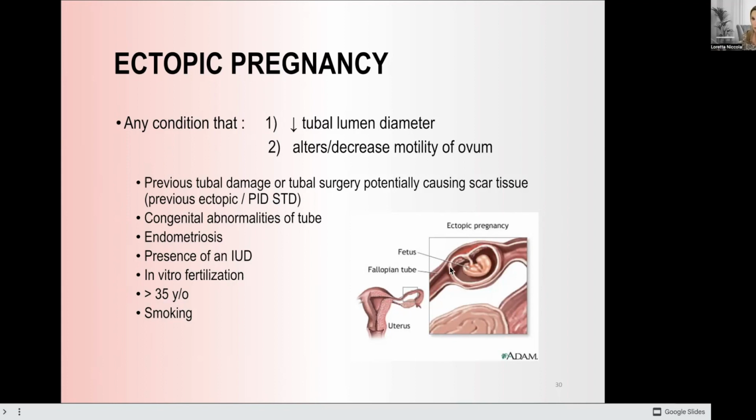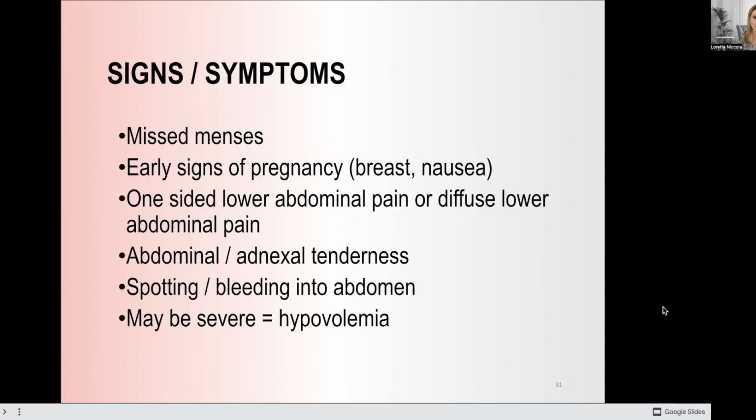But that can also cause a tubal pregnancy. If mom's older than 35 years old, she's more at risk for tubal pregnancy, and then smoking.